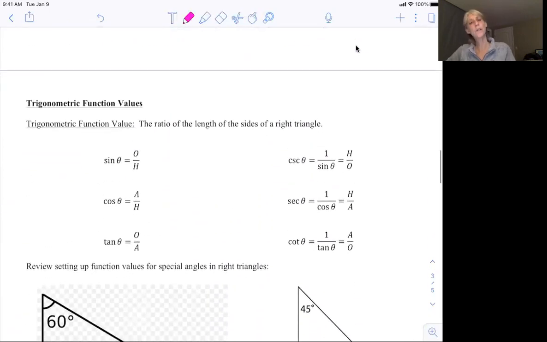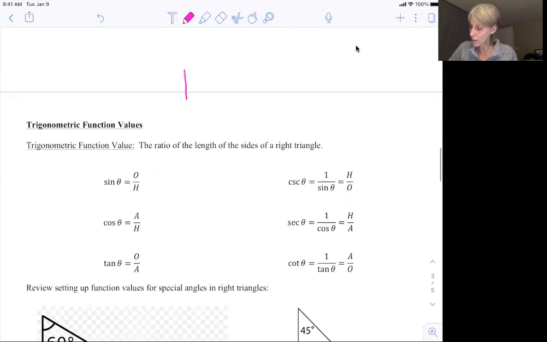Another thing we're going to review real quickly today is setting up trigonometric function values. From last year in geometry, you should remember that a trigonometric function value is the ratio of the lengths of the sides of a right triangle. If I have a right triangle here, when I'm describing trig function values, I'm referring to a specific angle.